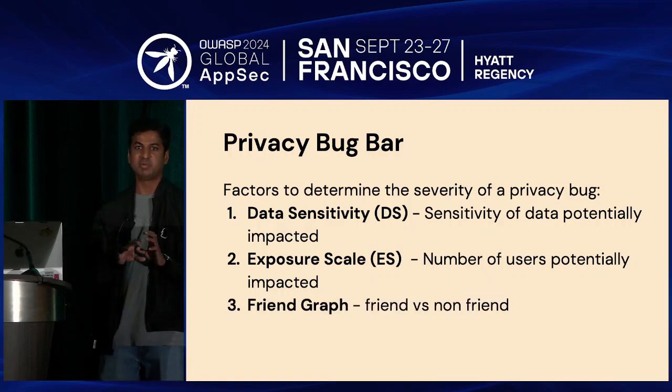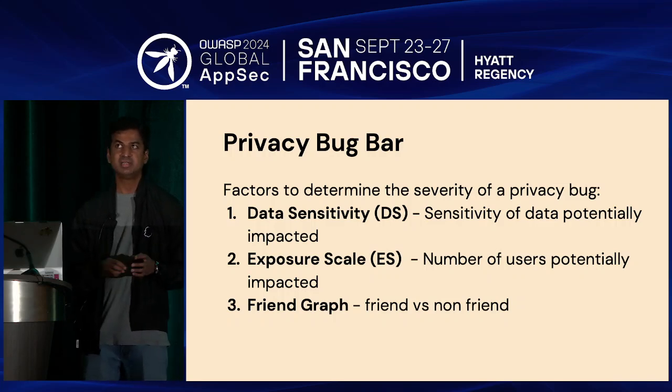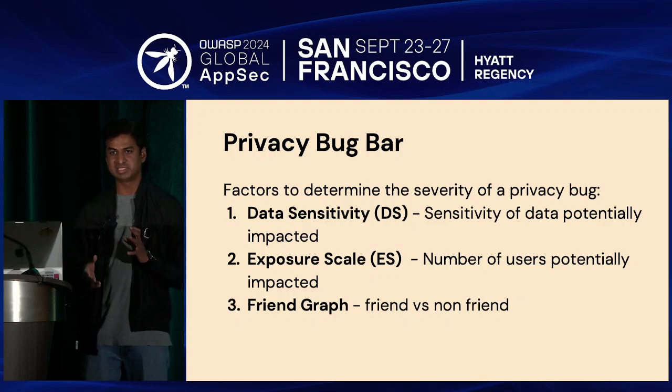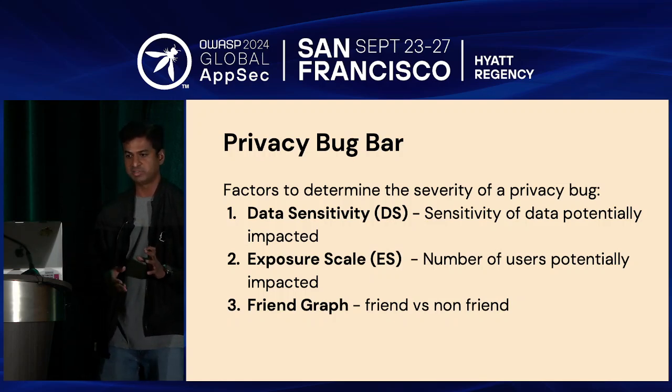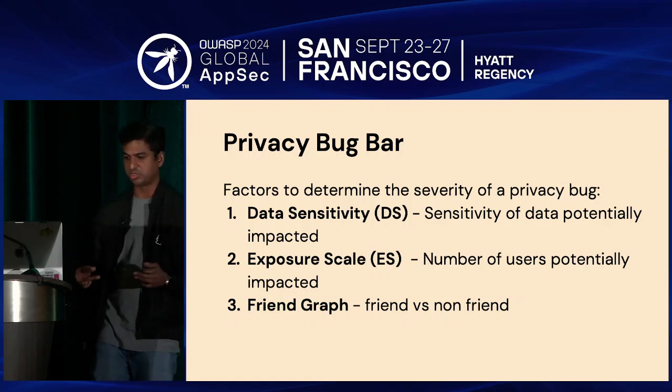Another factor that's probably unique to our scenario is the existence of a friend graph. Having an issue limited to only your friends is lower severity than affecting everyone, because there's an implicit trust involved there, and it also prevents you from randomly targeting another user who is not your friend.